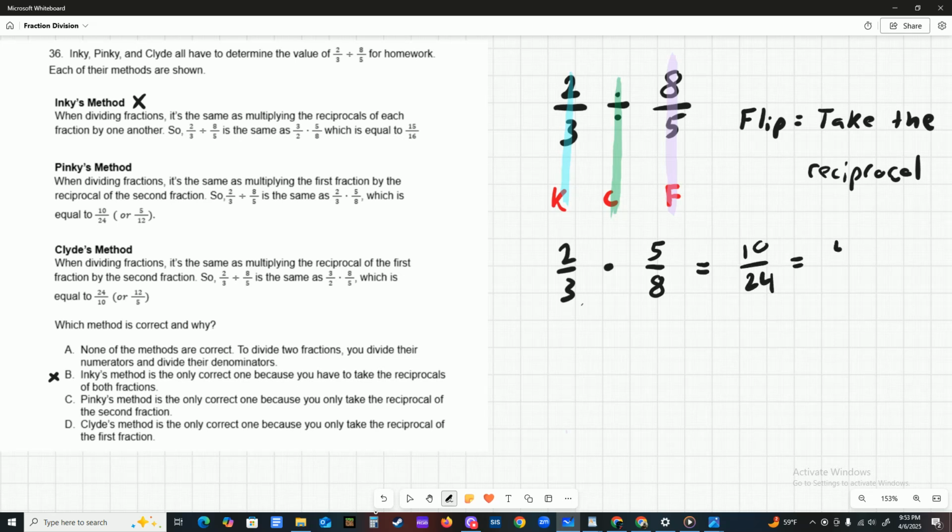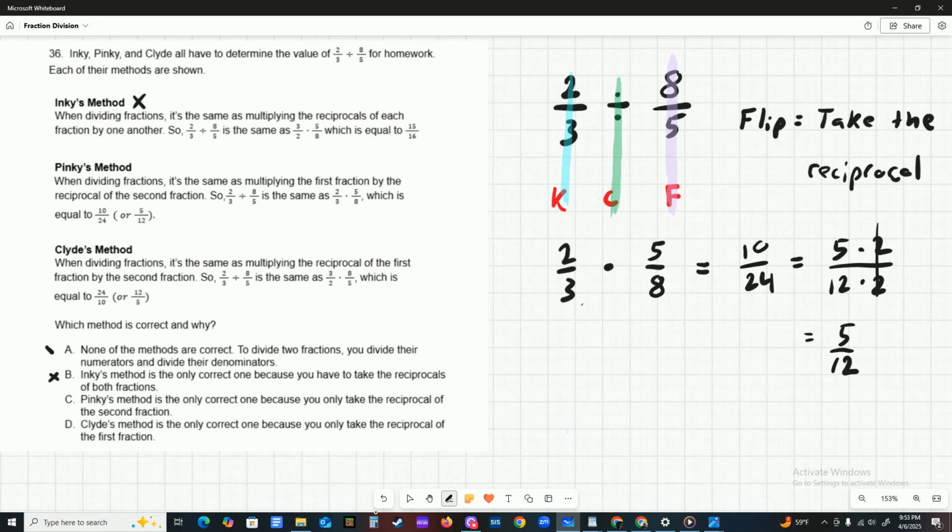But I know that 10 is equal to 5 times 2. And I know that 24 is equal to 12 times 2. The 2's cancel out. So we're left with 5/12. It seems to me that Pinky is the correct one.